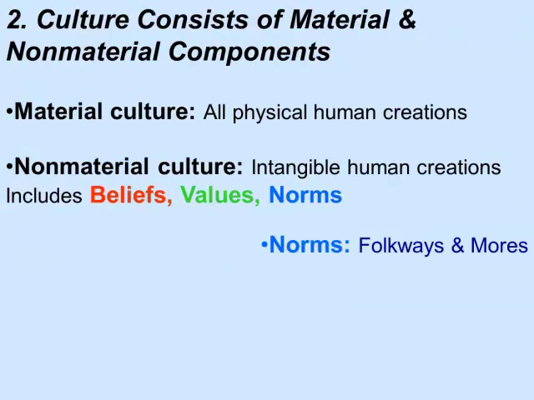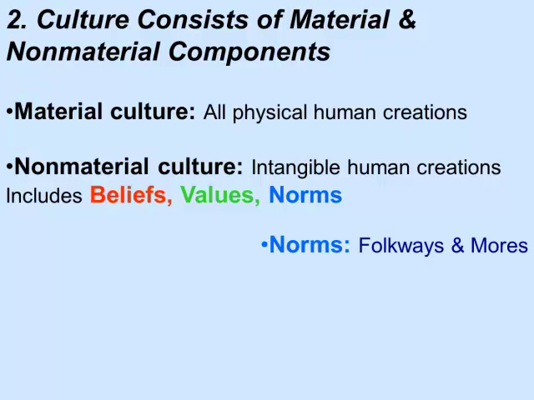Principle number 2. Culture consists of material and non-material components. Material culture would include all physical creations that humans make. Look around. What physical objects do you see? A computer, phone, chair, car, clothes, TV cable, carpet, picture frame, light bulb.